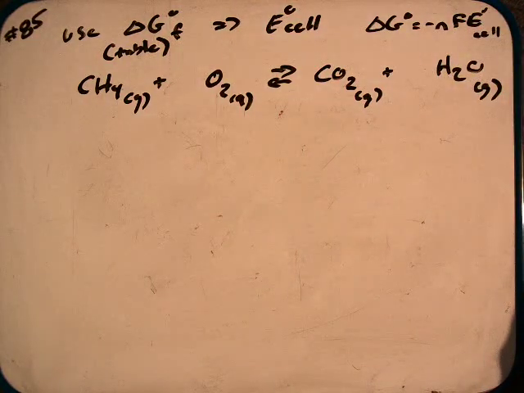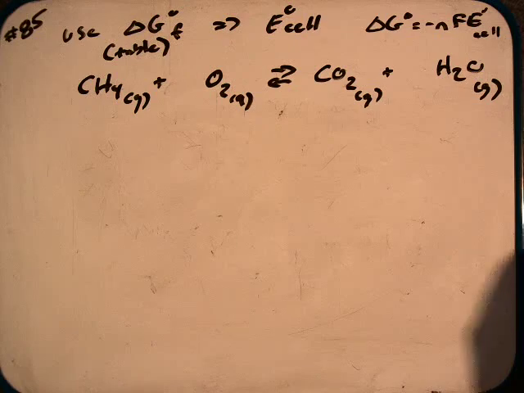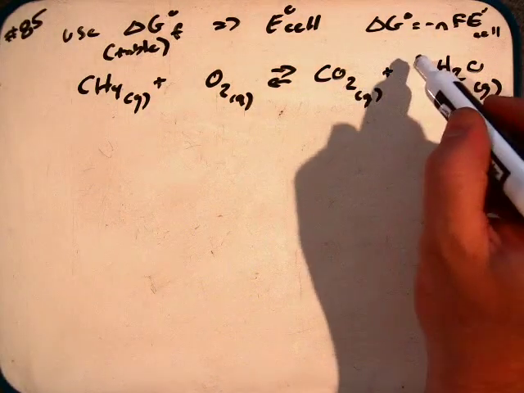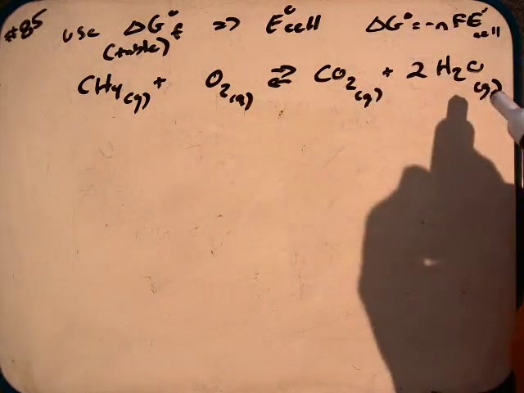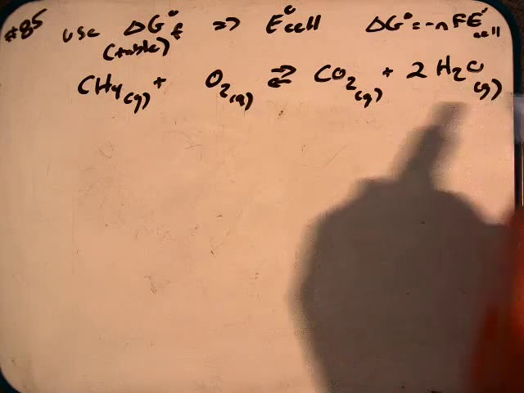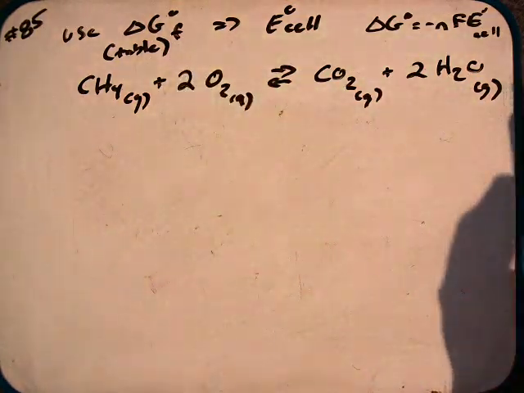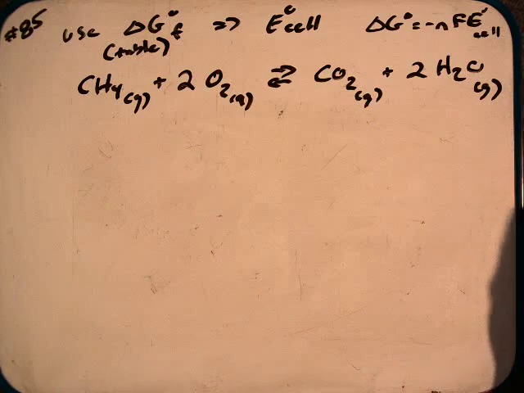And so one thing we have to make sure of is that we're balanced. In order to balance this process, one thing to start quick would be hydrogens. We need to have a 2 there, and then in order for our oxygens to balance out, we would need a 2 there as well, right?